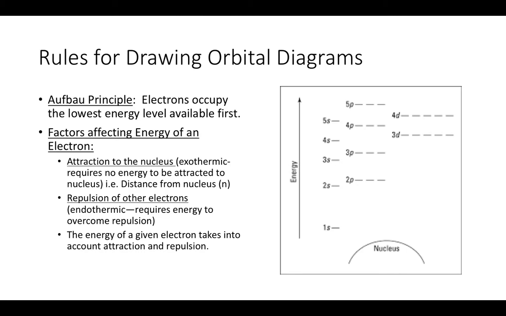So for the next 2 electrons that go into the 4s orbital, it is easier for them. It is a lower energy for them to go a little bit further away from the nucleus where there is no repulsion. So it's easier for them to go a little bit further than it is to push their way into the third energy level where there are already 8 electrons and quite a bit of electron repulsion.